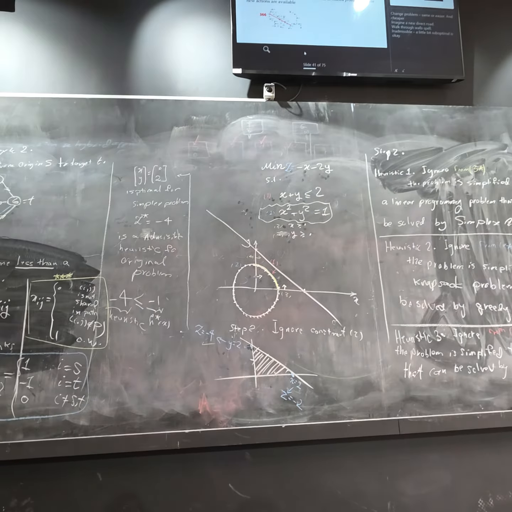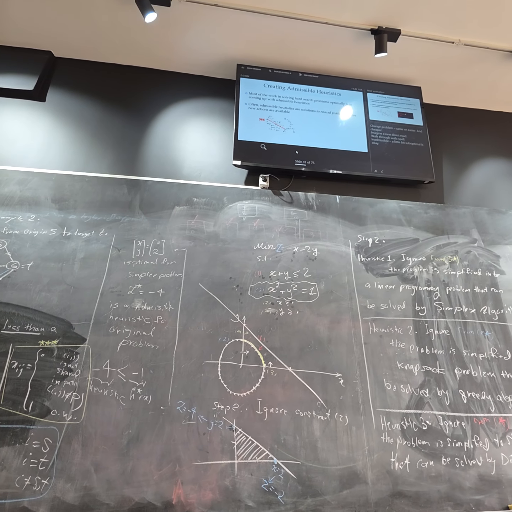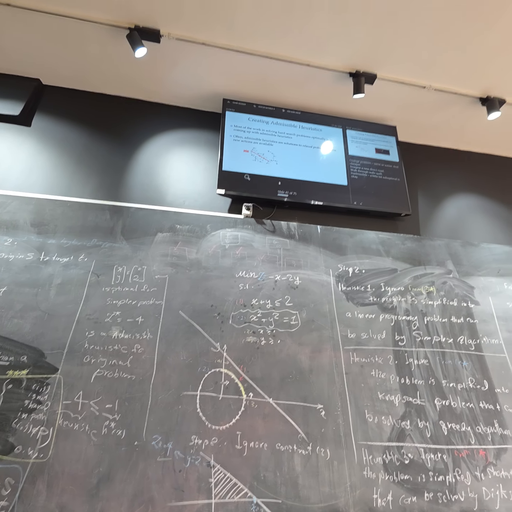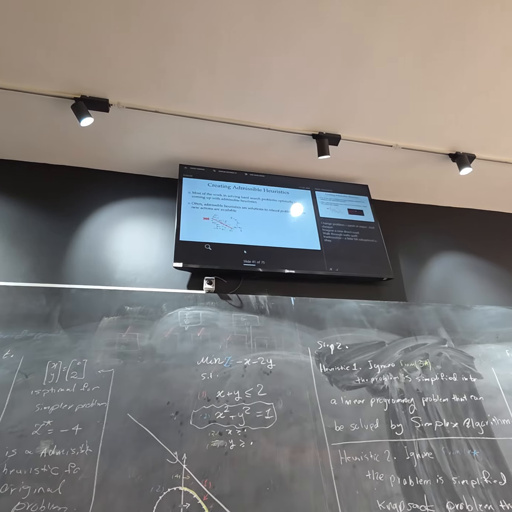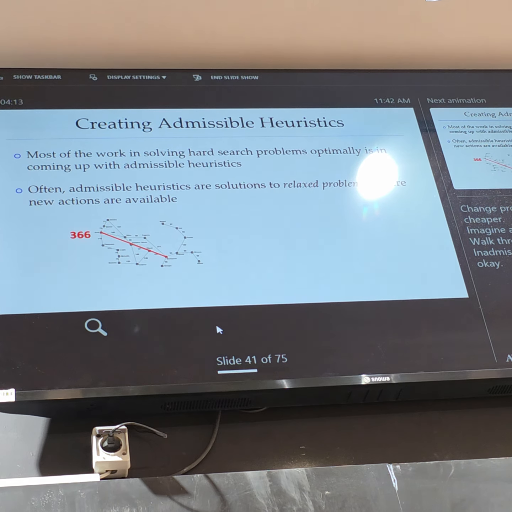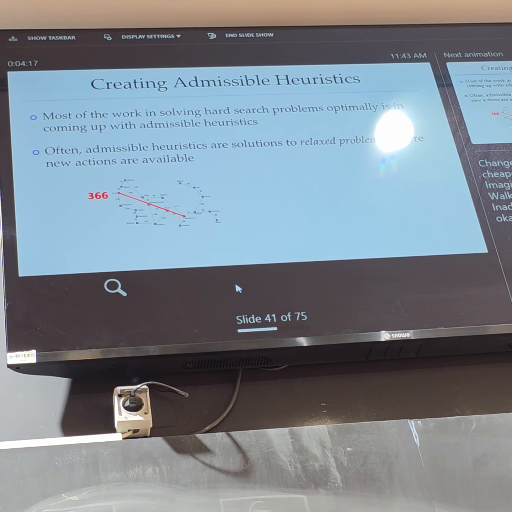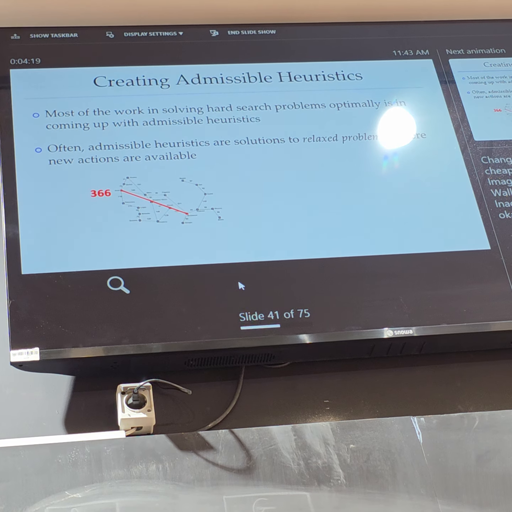And based on the relaxed problem, it is possible to solve the original problem easily.